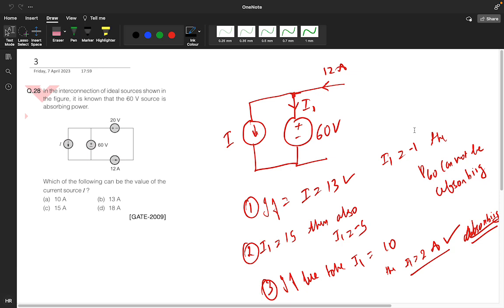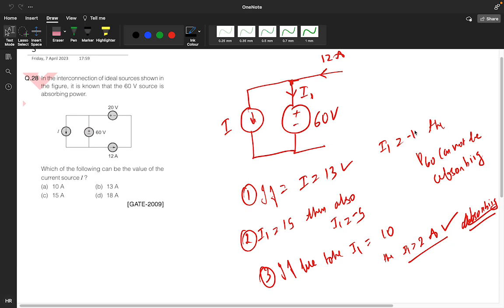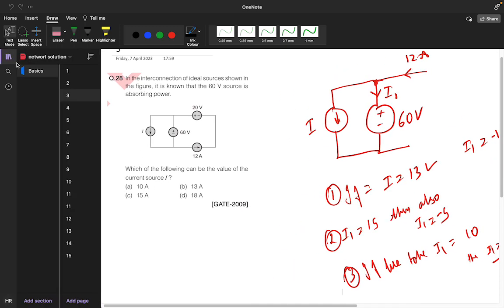Minus 1 means it is becoming delivering, so it's not the correct answer. If you take 15, it will be minus 3. If you take 18, it will be minus 6. But if you take 10, you will get the positive value as per your convention. So the value is 10 ampere for this.